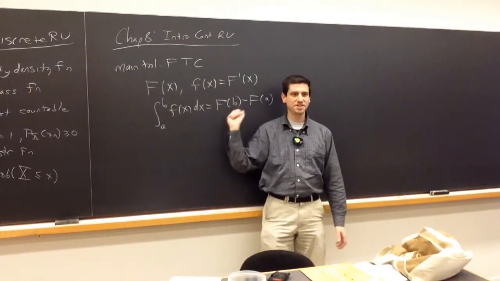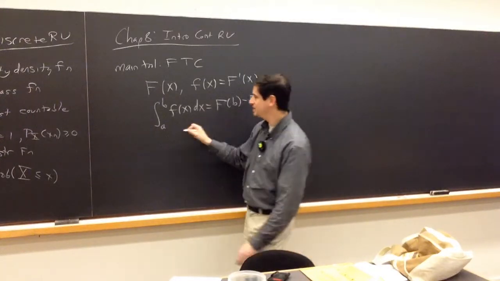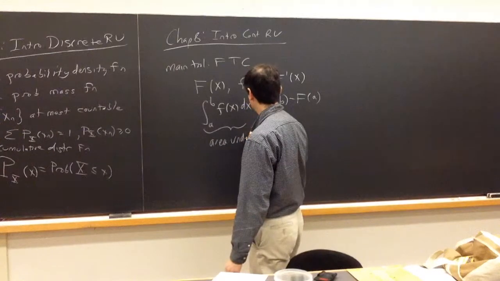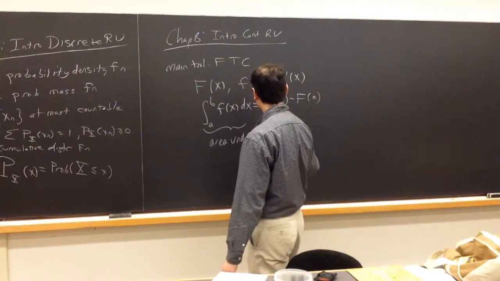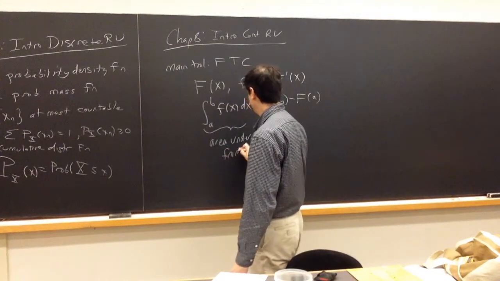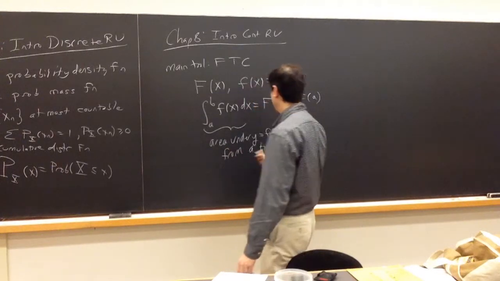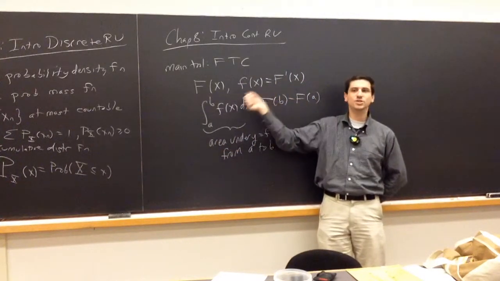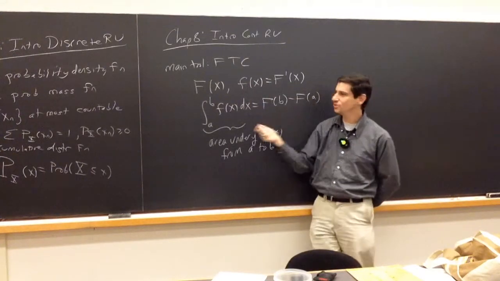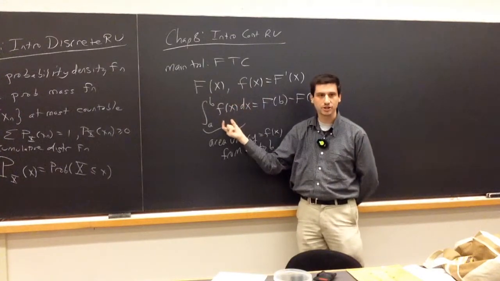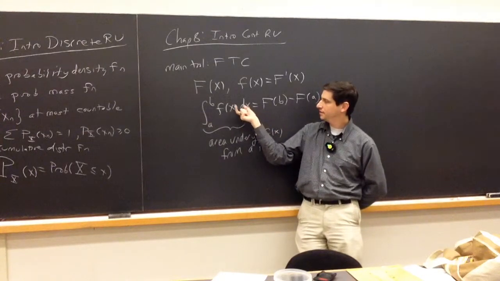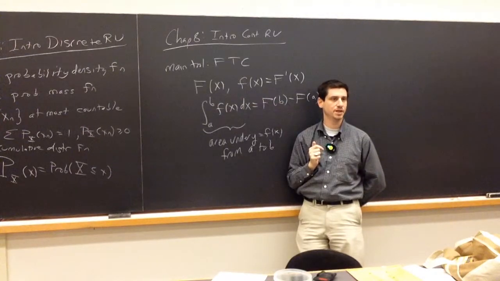This is not the statement of the fundamental theorem of calculus unless I say this is the area under y equals f of x from a to b. If I don't say this, this is essentially a definition. This is why the fundamental theorem of calculus is so useful. If I want to know the area under a curve, which is going to correspond to probabilities, then I can use calculus and relate this to finding antiderivatives.